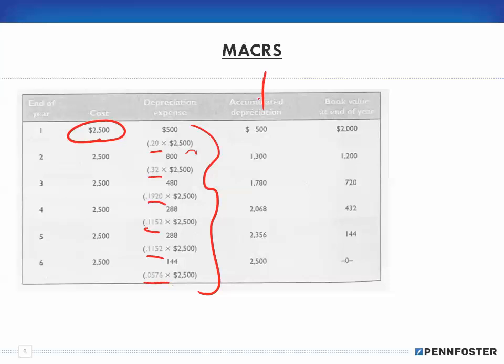And I do the accumulated depreciation column because this is a schedule, right? And so I have a running total of my accumulated depreciation, and I have a running total of my book value as it decreases until I hit a 0 amount, right?